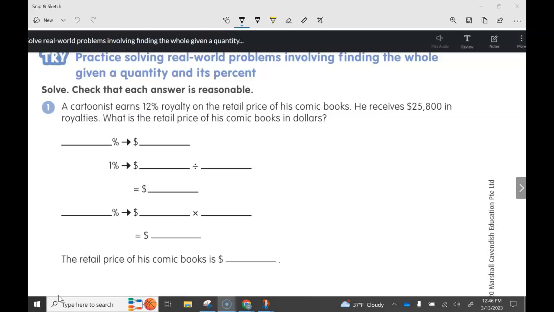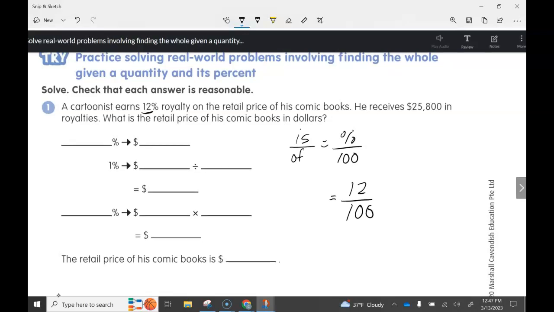So we first of all need to think about the is over the of is going to equal a percent over 100. So remember, we need to figure out whether you need to find the is, the of, or the percent. So right away we see 12% royalty. So we know that's going to be 12 over 100.